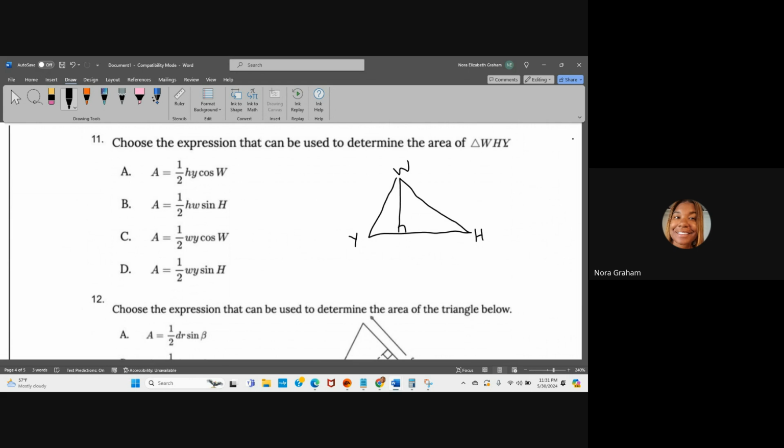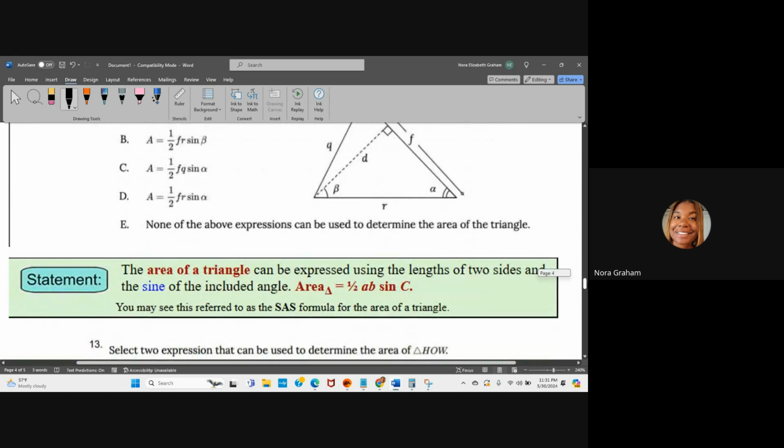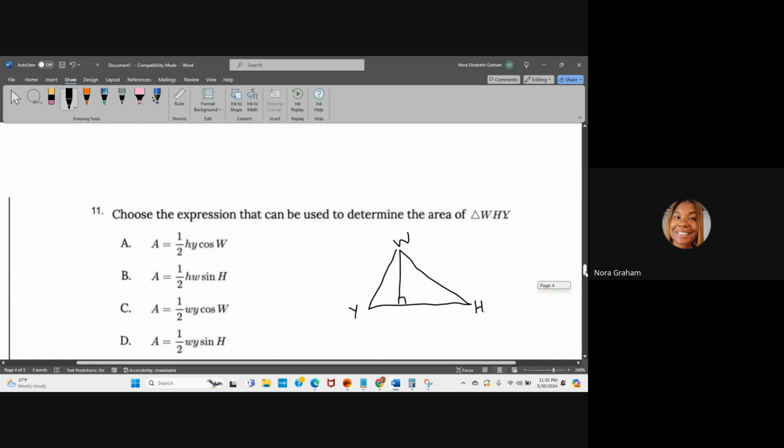There is an easy way to do this. It comes from a statement: basically, the area of a triangle can be expressed using the length of two sides and the sine of the included angle. Let's go over what that means.